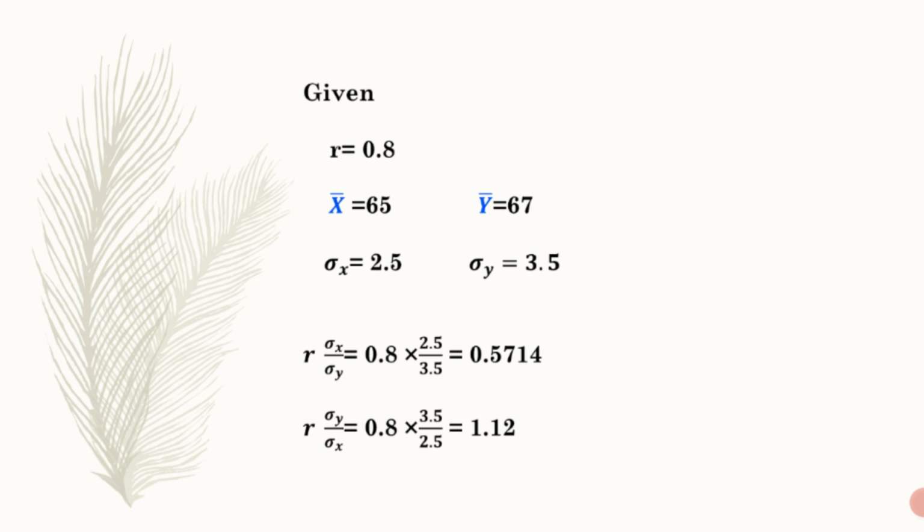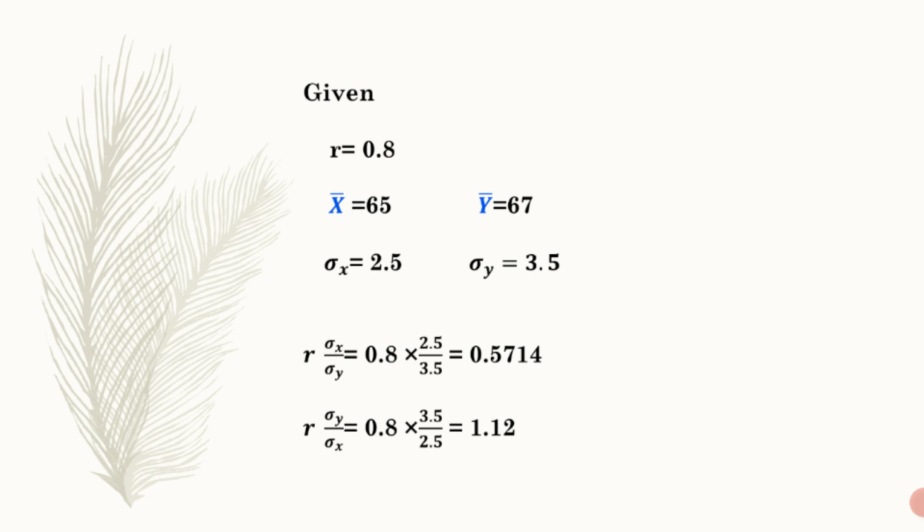Also given are sigma x and sigma y, the standard deviations: sigma x is 2.5 and sigma y is 3.5. Using these values, we first find r into sigma x by sigma y, because this is very important to calculate our regression equations.